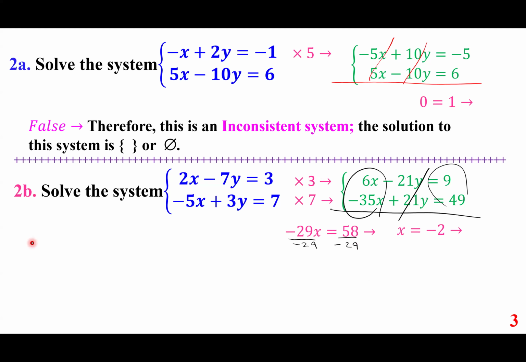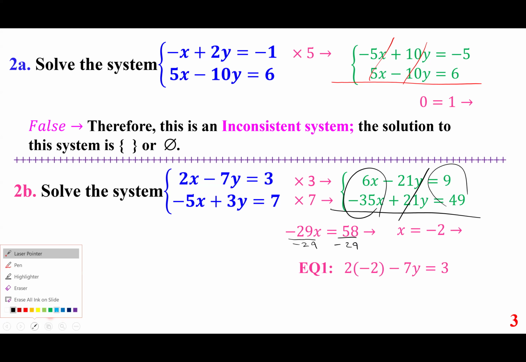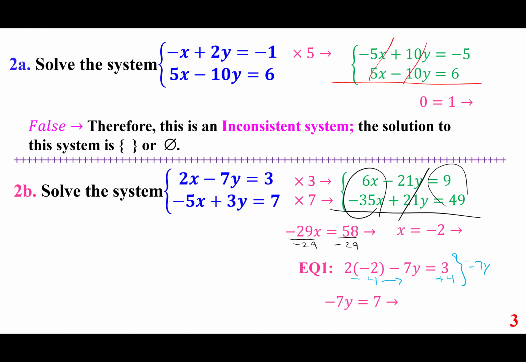You put it into one of the original equations, for example, the first one. You get negative 4. You move it, you make it positive 4. So negative 7y equals 7, divided by negative 7, and you get negative 1.